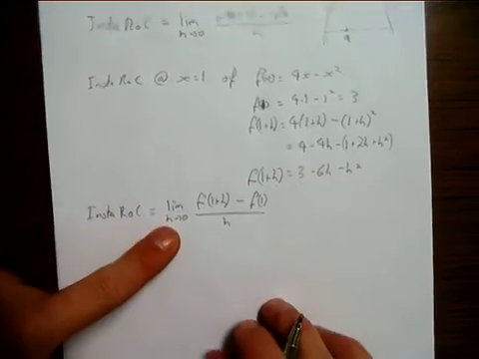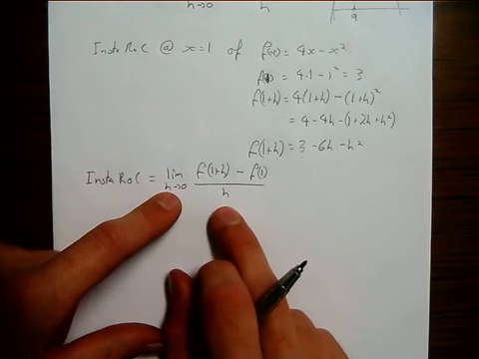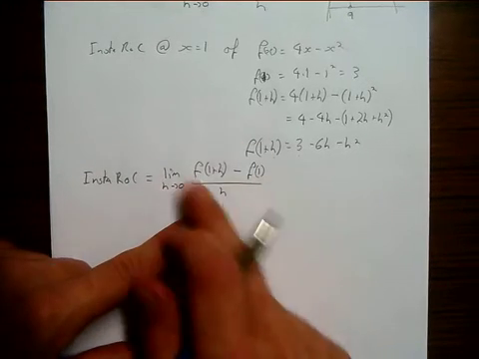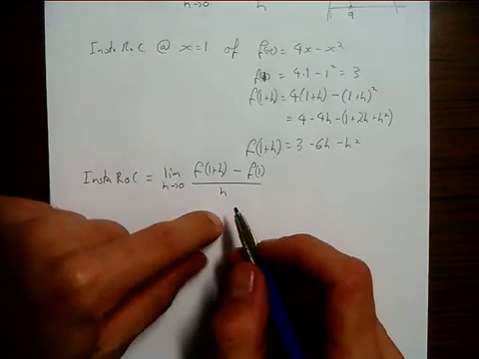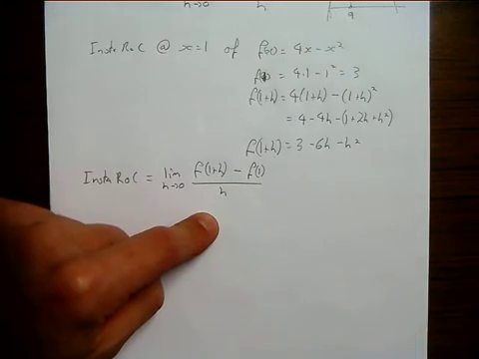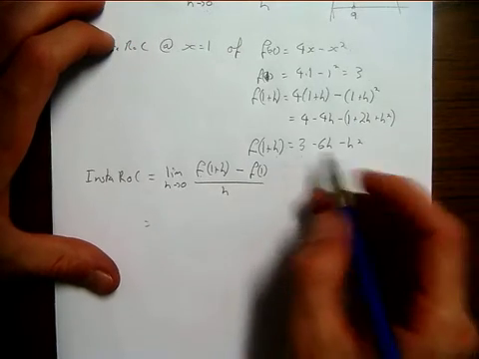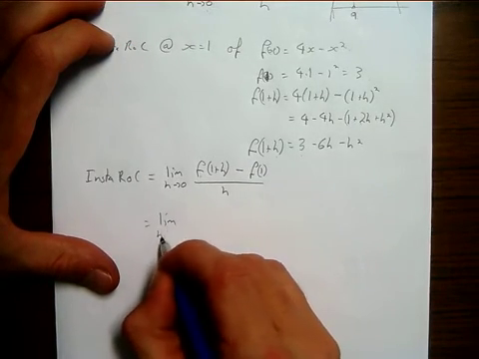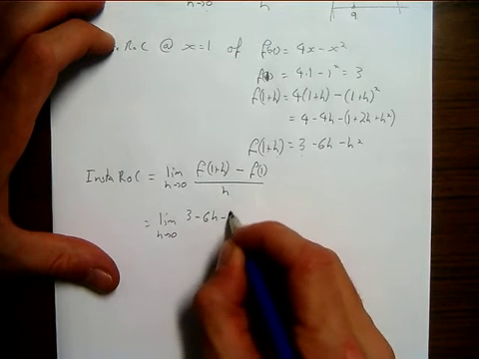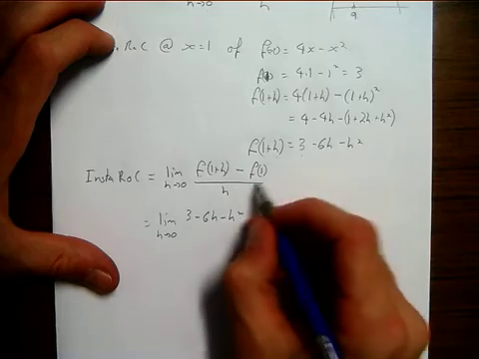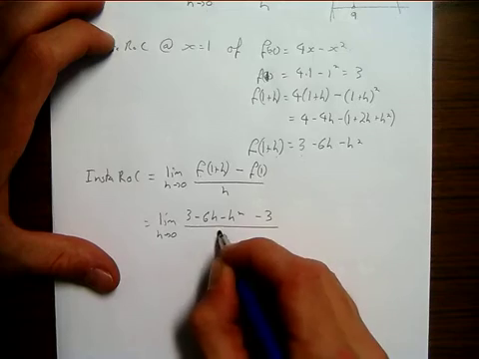Now, at the moment, if I were to make h equal to 0, I would get an infinite value. So I can't make h equal 0 yet, so I'm going to hold that there until I see something I can do with it. So I've got the limit as h approaches 0 of 3 take 6h take h squared, take away f of 1, which is 3, over h.